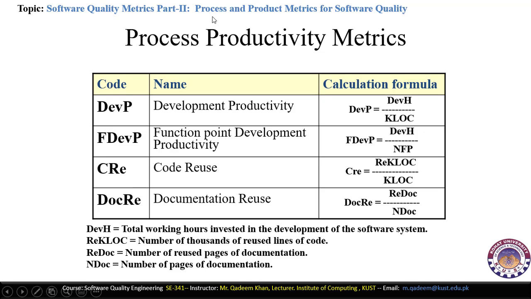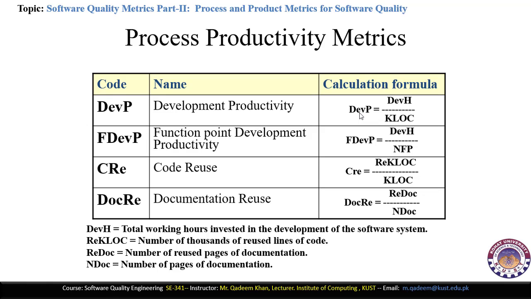Now we also have the process productivity metrics. Here the development productivity metric is DEVP, the development productivity metric. These metrics are used to measure the development process of software systems and the productivity of the programmers.